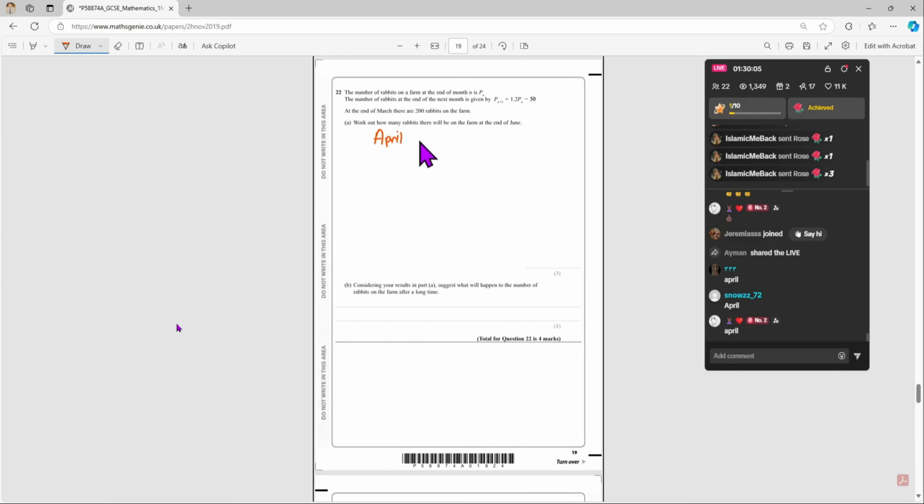April. So P is equal to 1.2 times our 200 rabbits minus 50. Okay? 200 minus 50, you substitute it in, and then you get 190. Now we do the same thing. So what comes after April, guys? We're going to repeat the steps until we get to June.